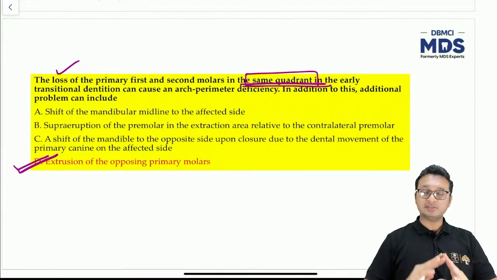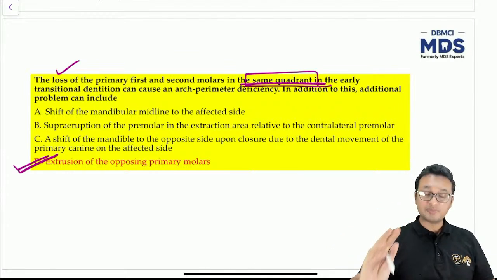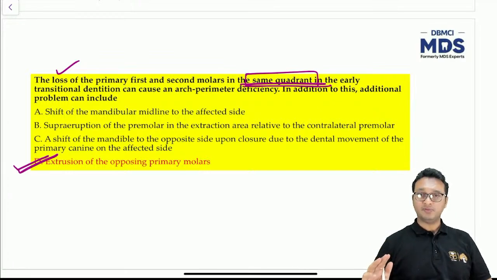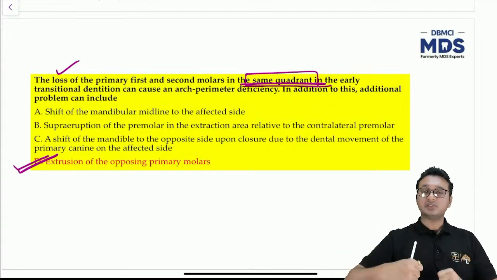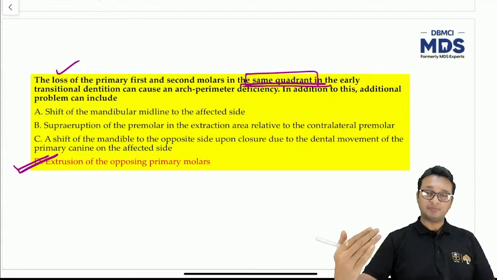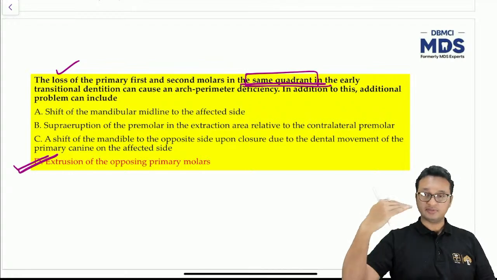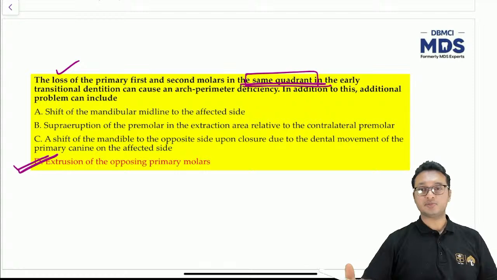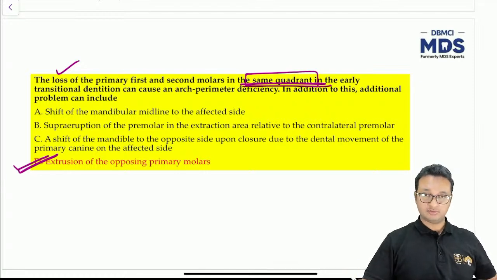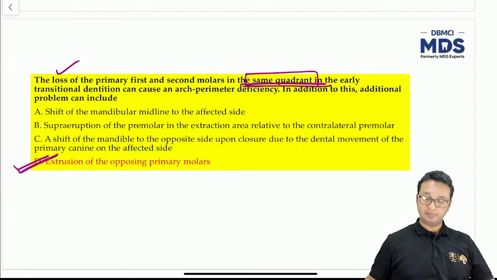Because of the eruptive forces generated in the PDL of the teeth, that is an ongoing phenomenon, no? It's only the antagonist tooth which stops the over-eruption of the tooth, in the absence of which the eruption process continues and can lead to super-eruption of the antagonist tooth. So that's why option D will be the correct answer.